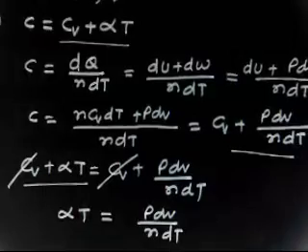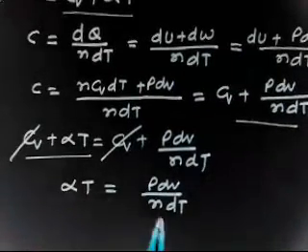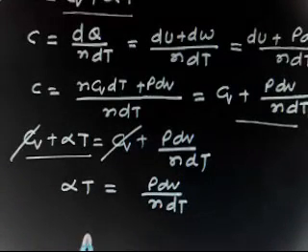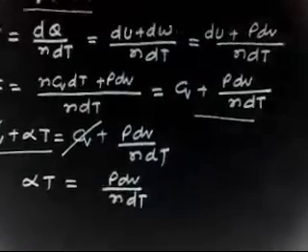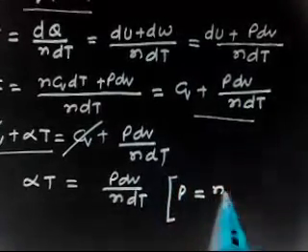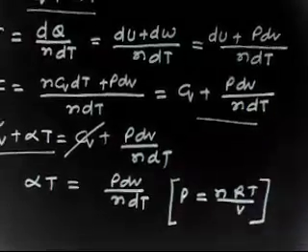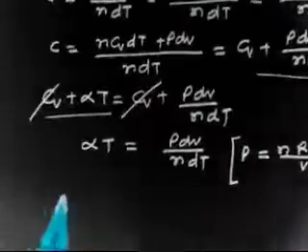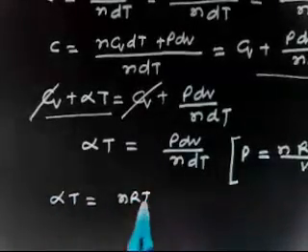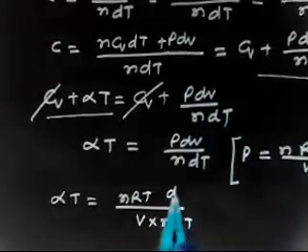Now I want to do integration so that I can get the equation of process. But the only thing is, I have temperature on this side, but pressure is not there. So I can apply the ideal gas equation to eliminate pressure. PV equals nRT, so P equals nRT by V. So if I put this here, I will have alpha T equals nRT by V into n dT, and up you will have dV.